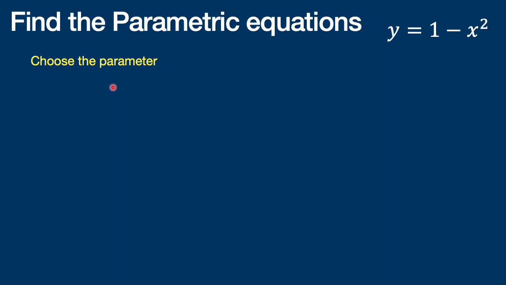In this situation, you pick x equals t. Then when you pick x equals t, y also changes as a function of t. So y equals 1 minus x squared, and x is t, so y equals 1 minus t squared. We have the parametric equation for the rectangular equation y equals 1 minus x squared.